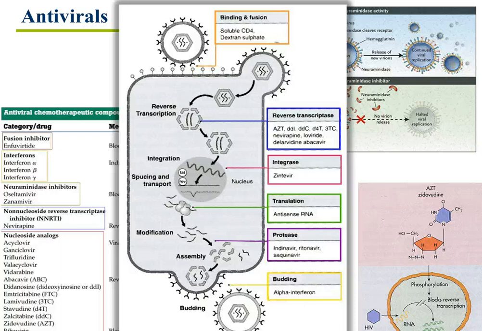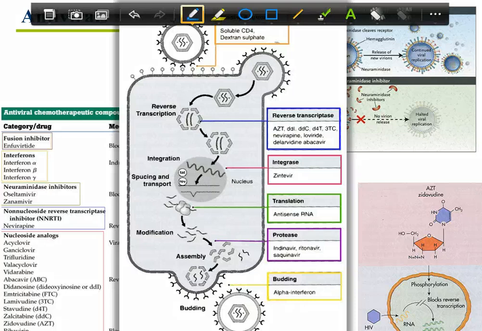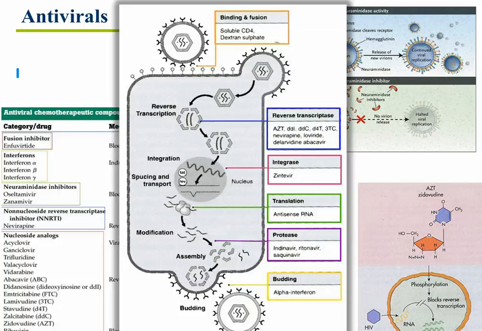So you see a life cycle right here in the middle of the page. And here is your attachment, and there is your entry of the virus, and here is your synthesis stage, viral proteins and DNA. Here is your assembly, and here is your release. And at every one of these stages, you'll notice that there are some drugs listed which block that particular stage.